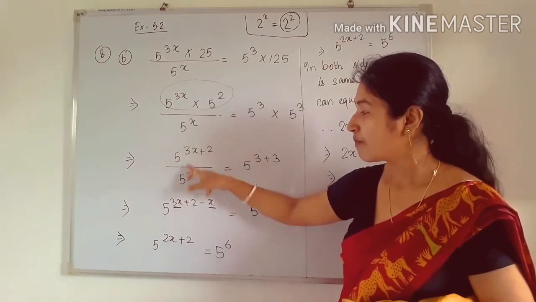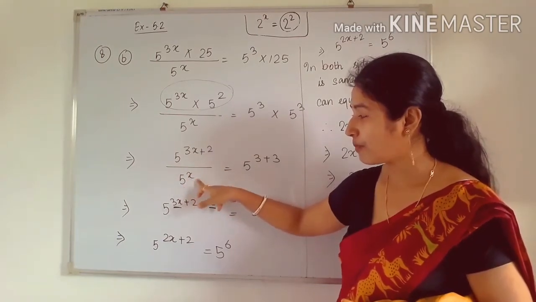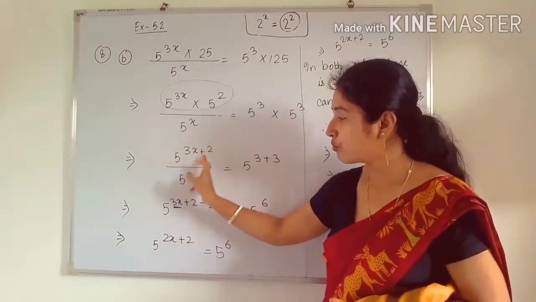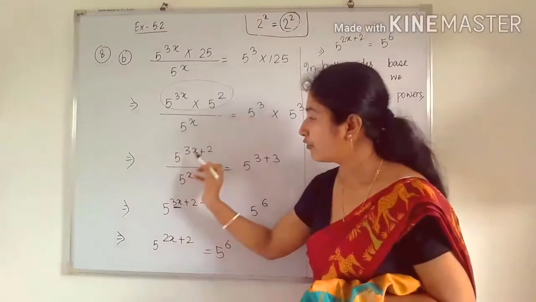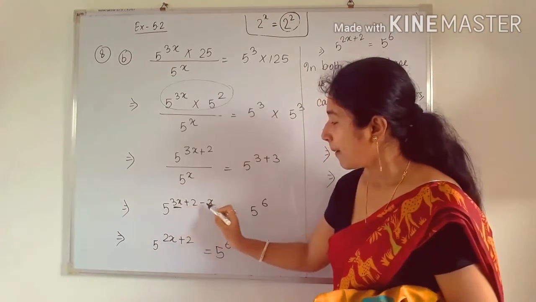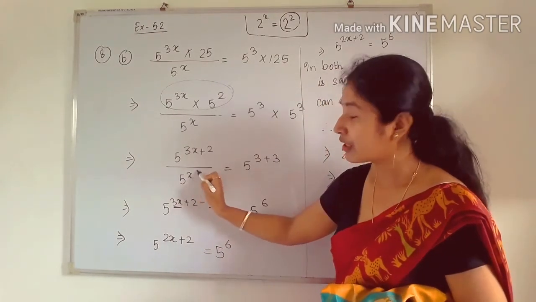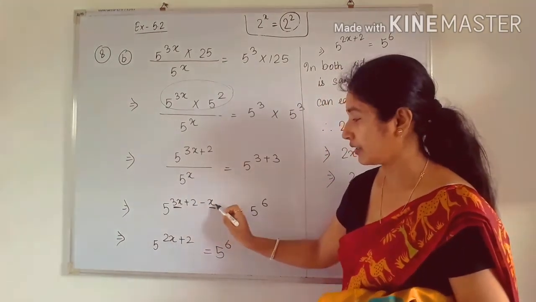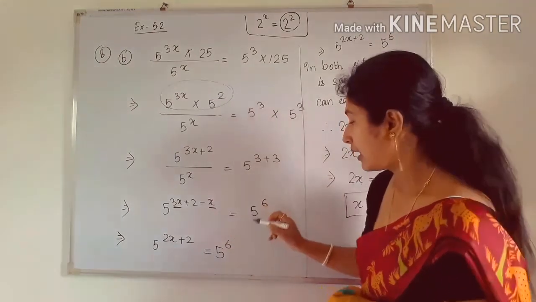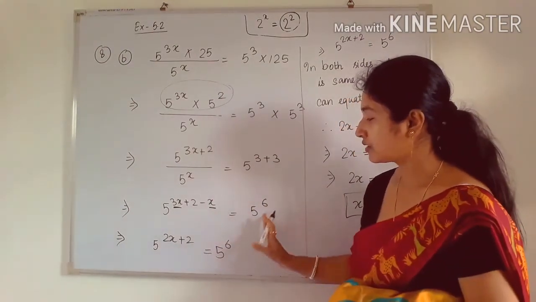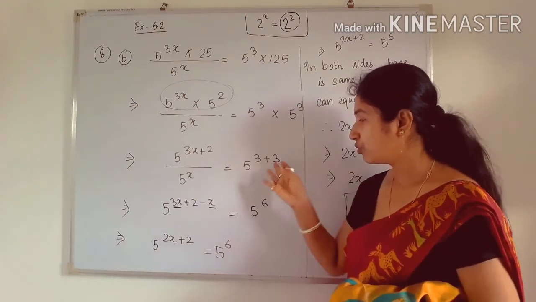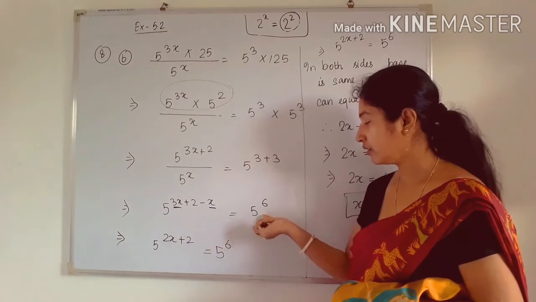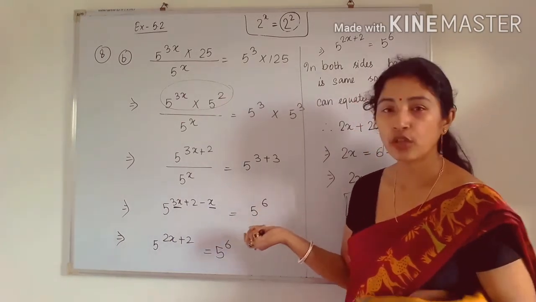So 5 to the power x is divided to this numerator. So according to the second law we can write 5 to the power 3x plus 2 minus x. Next, right hand side will become the same. It is same, no need to calculate it further. It will be 5 to the power 6.